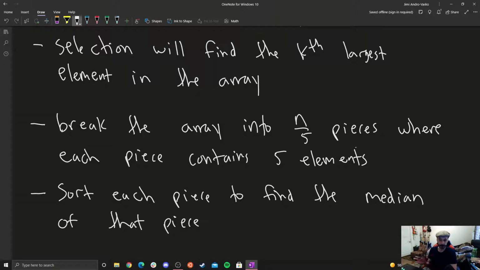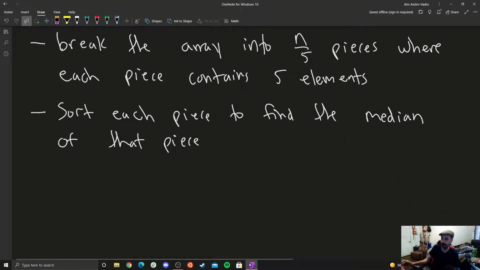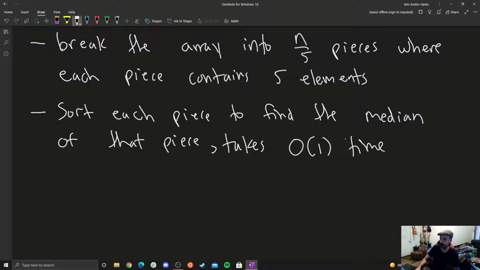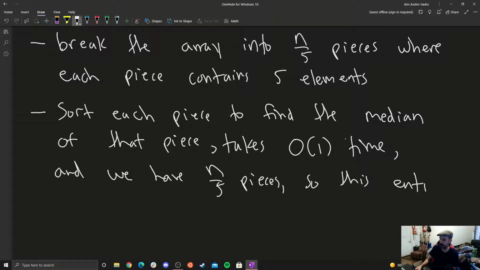And there's n over 5 pieces. Let me write some more math here. Each one takes O of 1 time, and we have n over 5 pieces, so this entire process takes theta of n time.